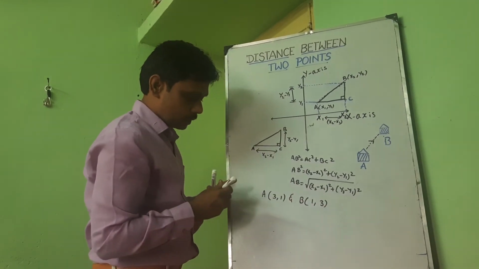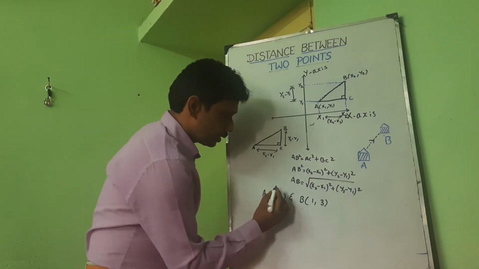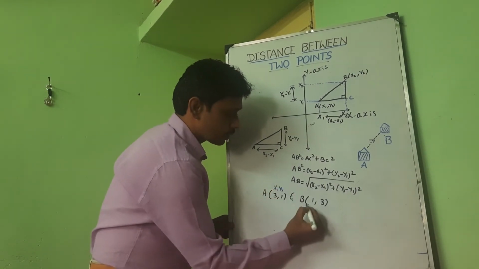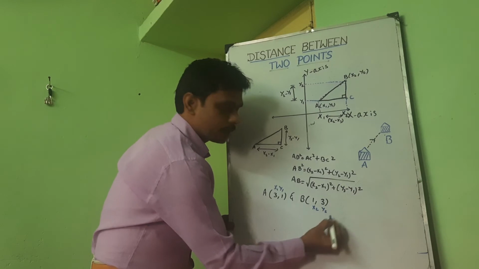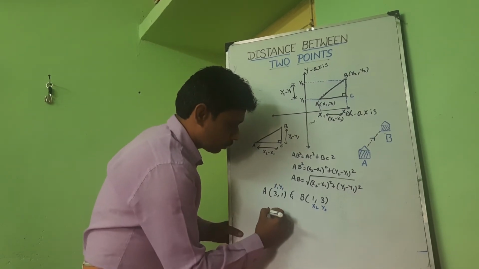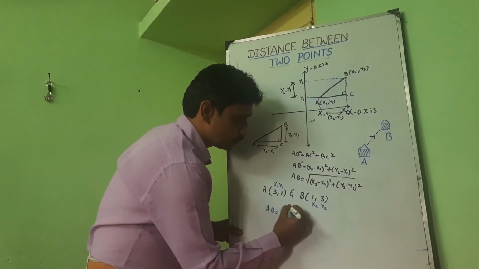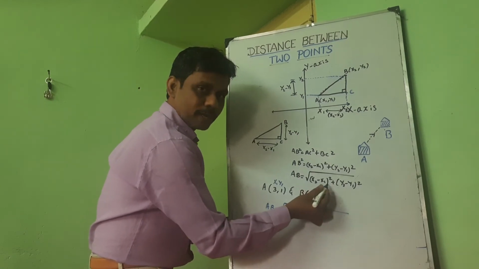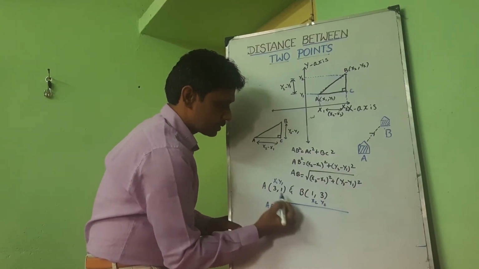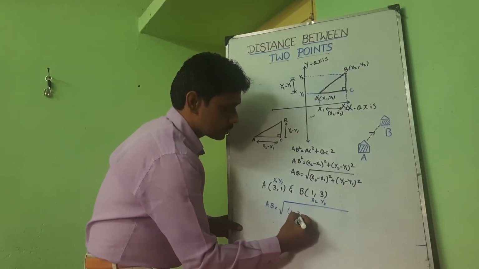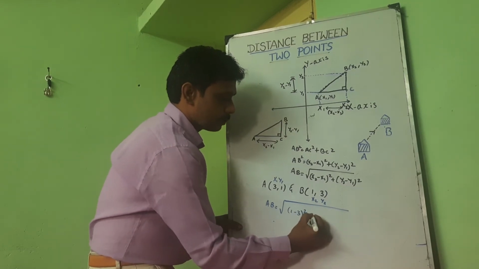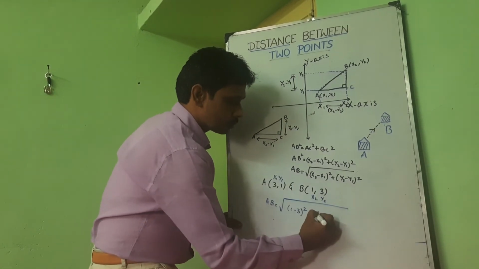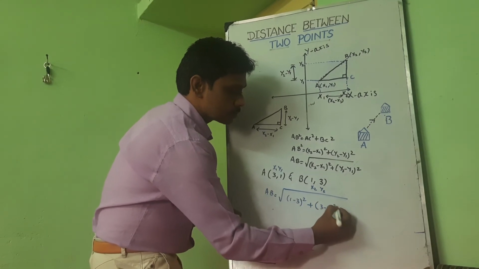So the 2 points are A, x1, y1, and this is B, x2, y2. Based on the formula, we can write AB is equal to the square root of x2 minus x1, that is 1 minus 3 whole square, plus y2 minus y1, that is 3 minus 1 whole square.